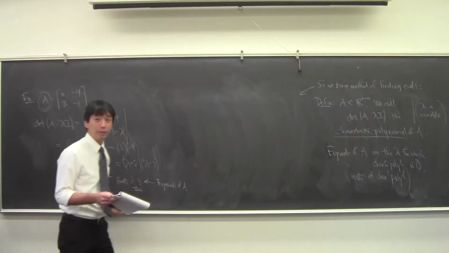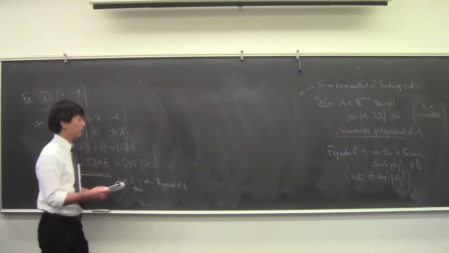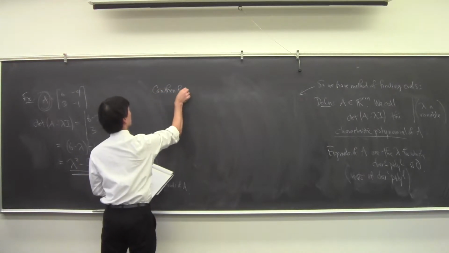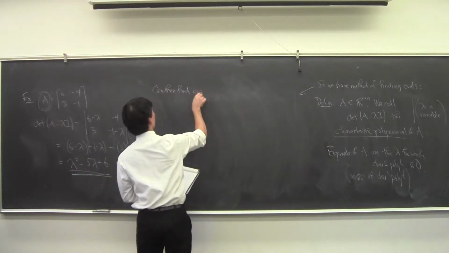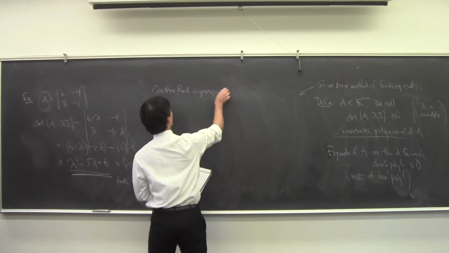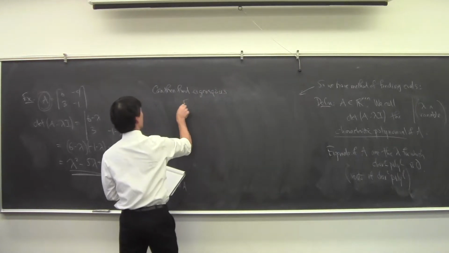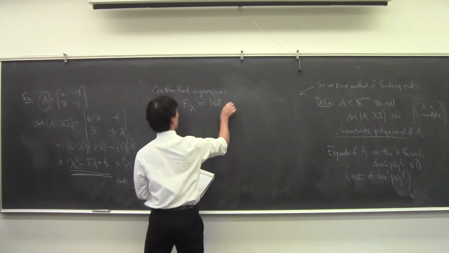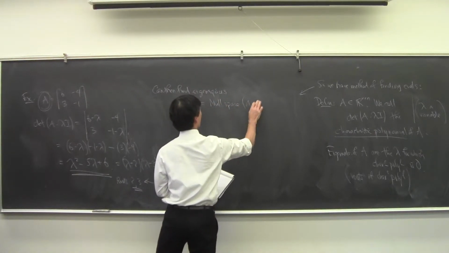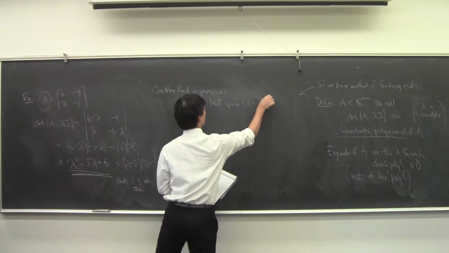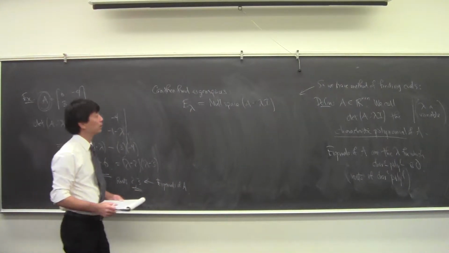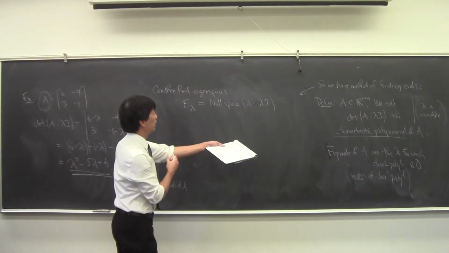Now, once we have the eigenvalues, we can find the eigenvectors, so we can find the eigenspaces. Because remember, E sub lambda is the null space of A minus lambda I. We saw that earlier.